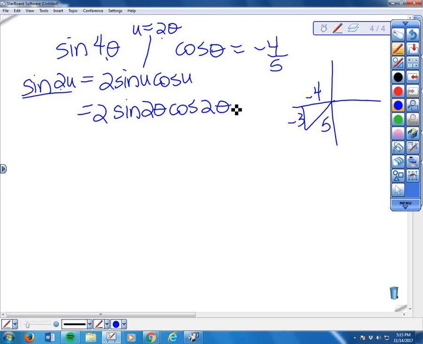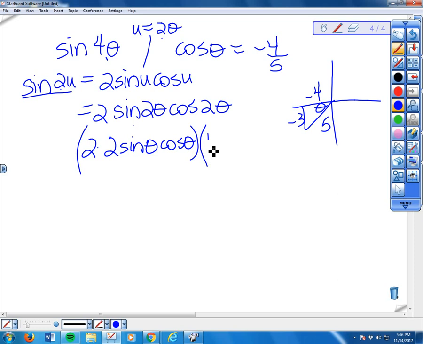and now I've got to do it again because I'm trying to get down to theta. So I'm going to have to use that formula again. So I have 2, this 2, times 2 sine theta cosine theta. Actually, now I've got theta. Times cosine 2 theta, I can choose a couple of formulas.